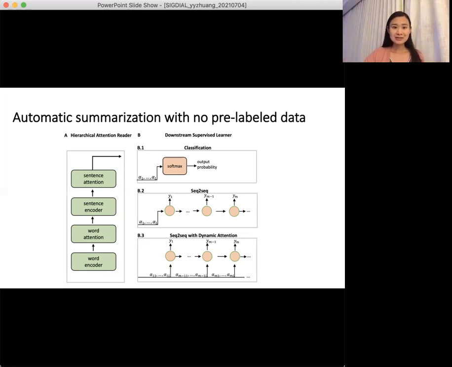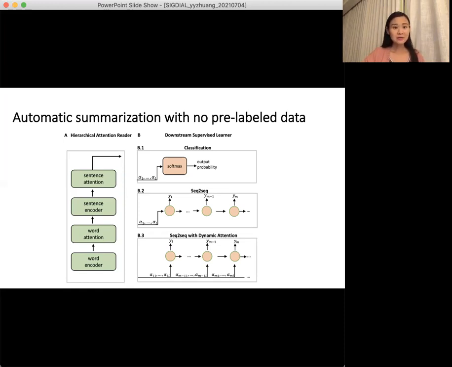The architecture consists of a hierarchical attention network reader and a downstream ancillary prediction task that predicts the outcome for the indirect signal. The reader is constructed by four elements: a word encoder, a word level attention layer, a sentence encoder, and a sentence level attention layer. The downstream supervised learner is an ancillary prediction task for the indirect signal.